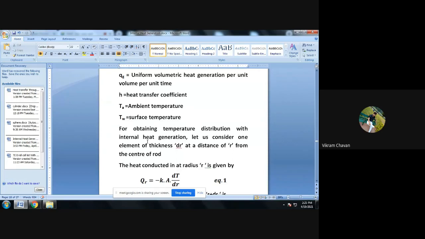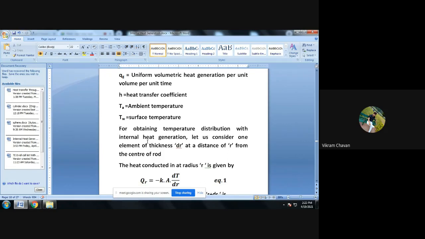Now once again we have to consider the heat conducted to the element. That is nothing but heat entering the element at a distance of r, heat generated by the element, and heat leaving the element.